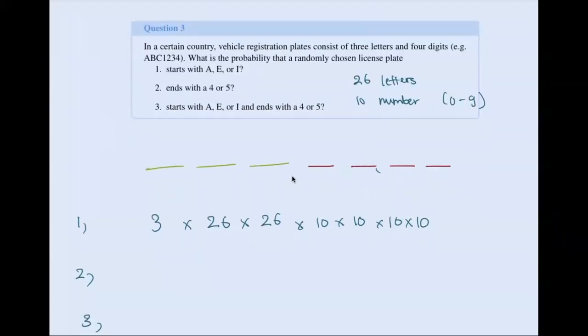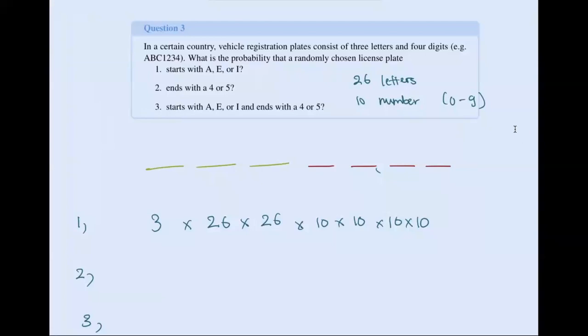You want it to end with 4 or 5 and no other restriction. That one looks almost correct. Yeah, you forgot a 10.